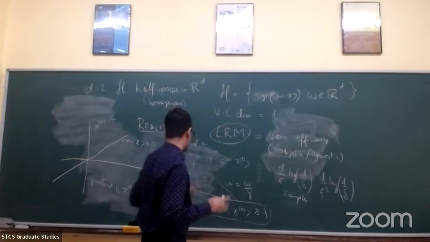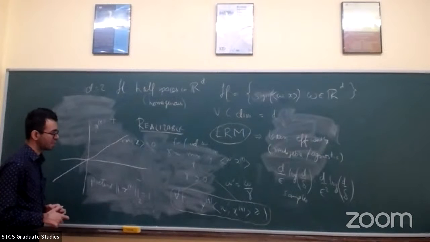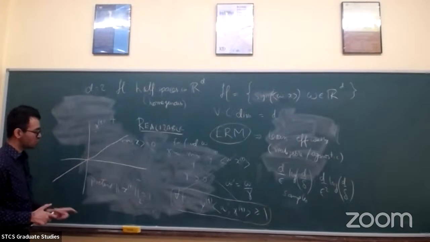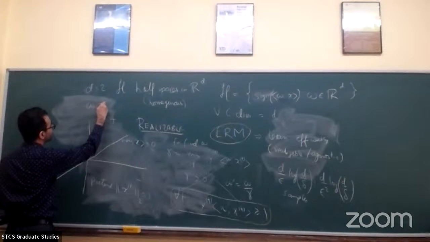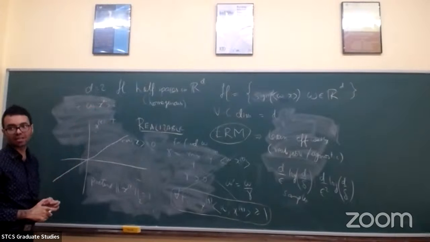So I can pretend, if I want, that the norms are 1. So if I pretend this, then what is W transpose xt?